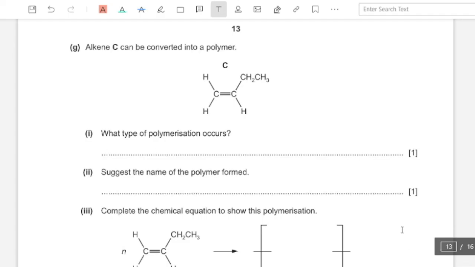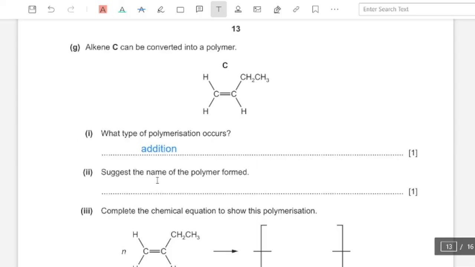G. Alkene C can be converted into a polymer. 1. What type of polymerization occurs? Well, since this is an alkene, it is going to undergo addition polymerization. 2. Suggest the name of the polymer formed.